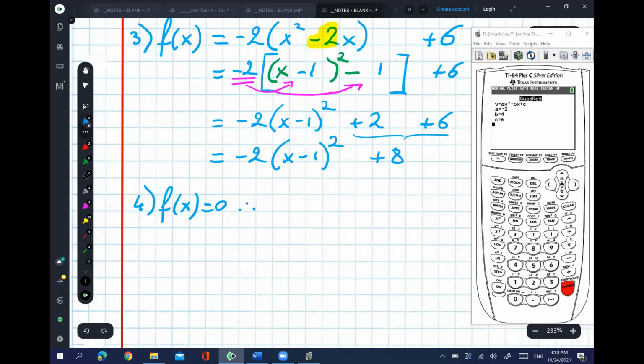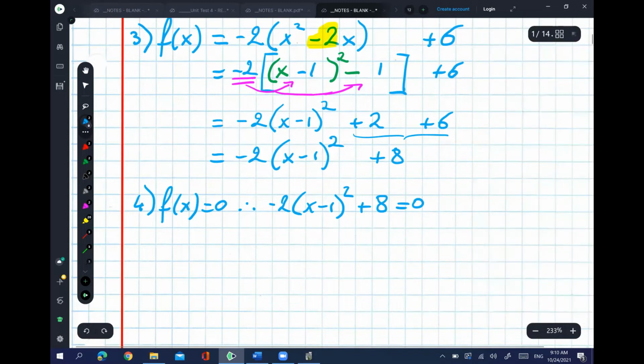Therefore, -2 times x minus 1 squared plus 8 equals 0. Therefore, -2 times x minus 1 squared equals, this addition becomes a subtraction. 0 minus 8 is -8.